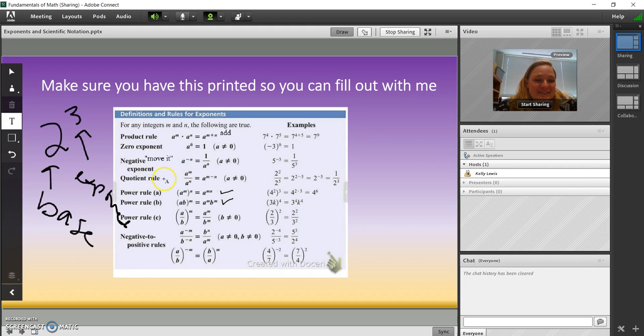Okay, quotient rule. Notice that they're taking the two exponents and subtracting. Power rule. They're multiplying.